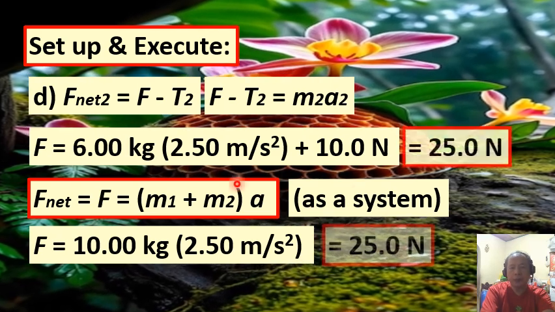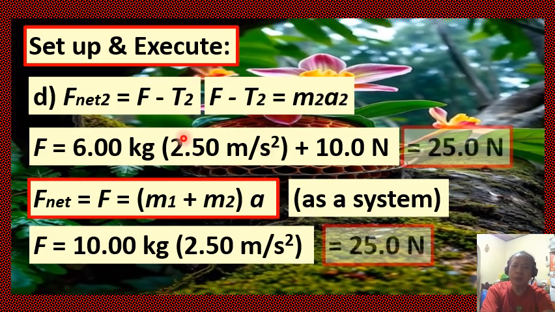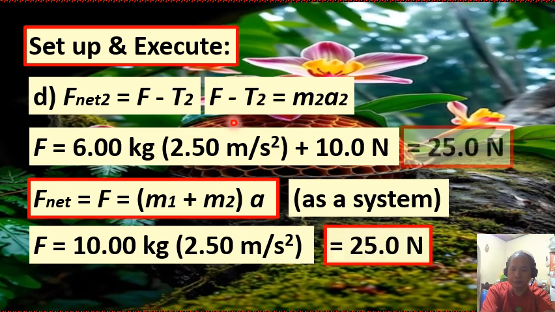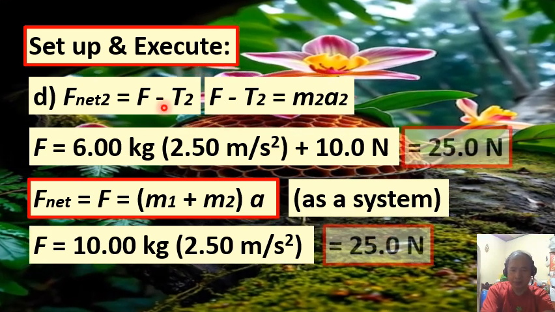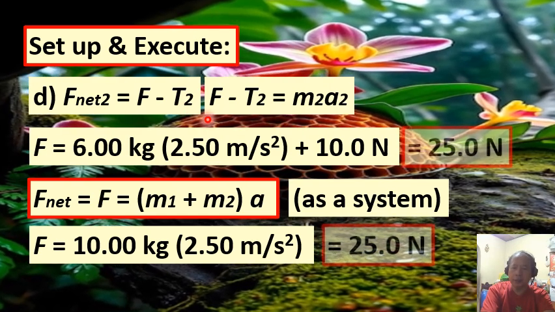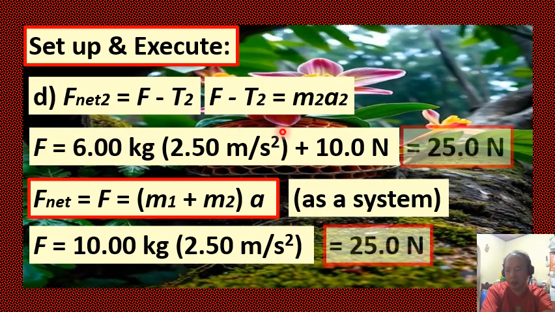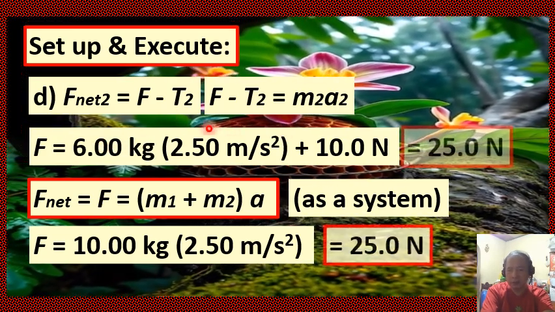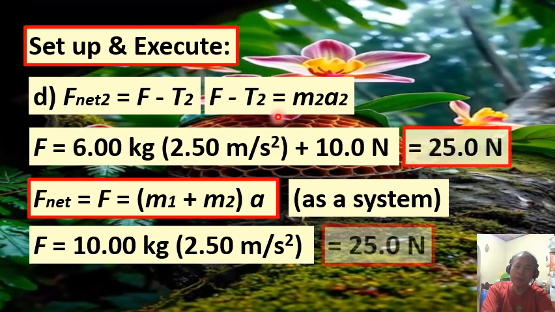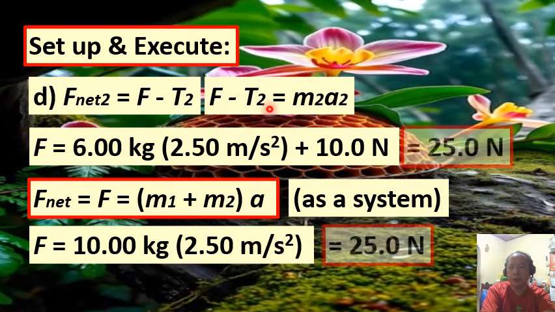While the first method that we applied here also assumes that we already know the tension force of the string, the solution to that, of course, has already been explained earlier. So in this method, we just look at the net force acting on crate number 2, just crate number 2.